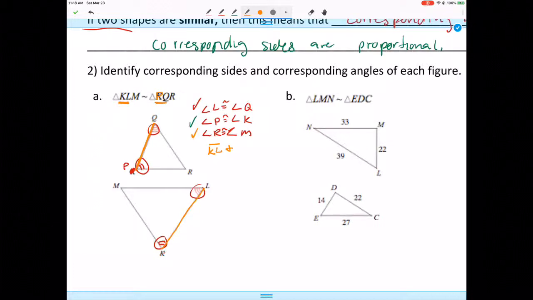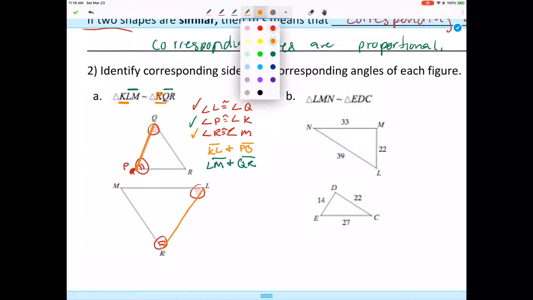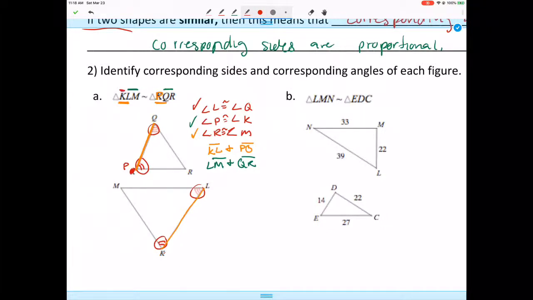So these, I'm going to put P and Q. All right, and then we can find another one really easy by doing LM and QR. And then one more we can do, KM and PR. Okay, so those are all corresponding sides.